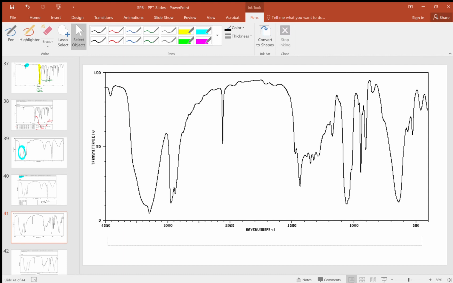So the first thing we probably notice is that we have an alcohol, because we have this strong broad peak there. But if you notice, the shape here down at the bottom is a little bit funny.